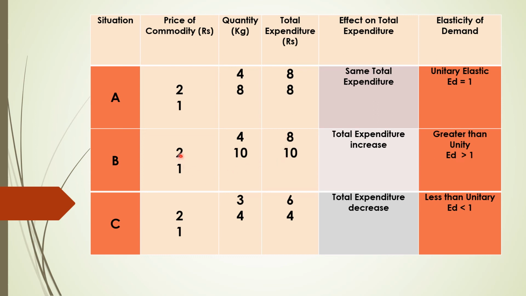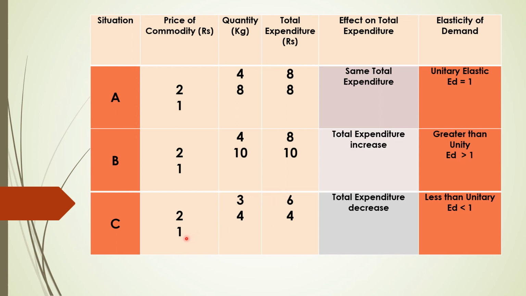Negative relation. When the price is decreasing, total expenditure increases. When the price increases, total expenditure decreases. So in the expenditure method, if you have a negative relation between price and total expenditure, your demand is greater than 1.